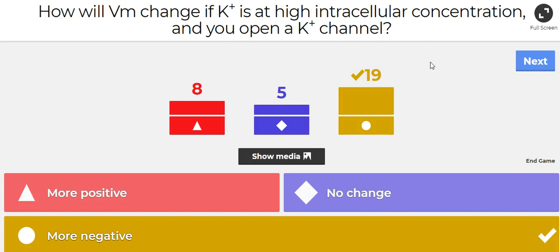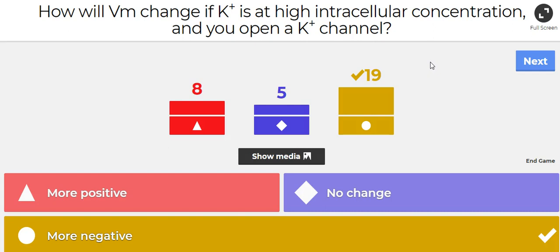But the inside of the membrane, which is where we measure it, because we poke a microelectrode into the inside so we can sample from in here, is going to be more negative. That's always how we measure membrane potential. So we make the inside of the membrane more negative. Okay?